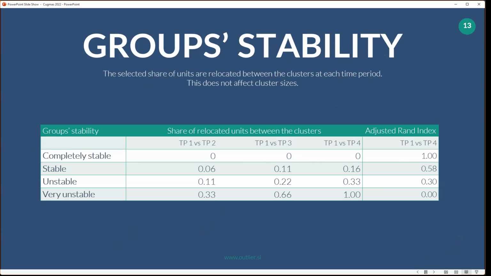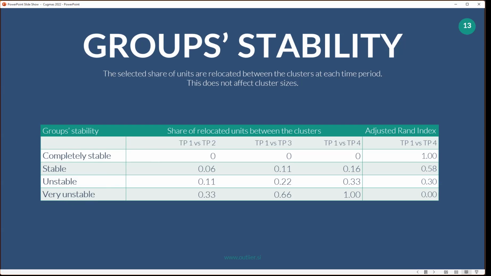And we also simulated different levels of group stability. So in time, different groups can merge and split and so on. And we have 4 scenarios for these. The first is completely stable. Here, we do not have any merging or splitting of clusters. All clusters are the same in all 4 time points. And then we have a very unstable case.